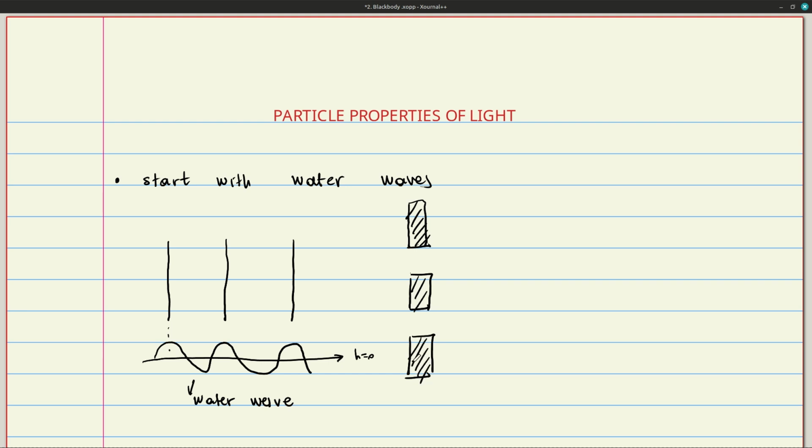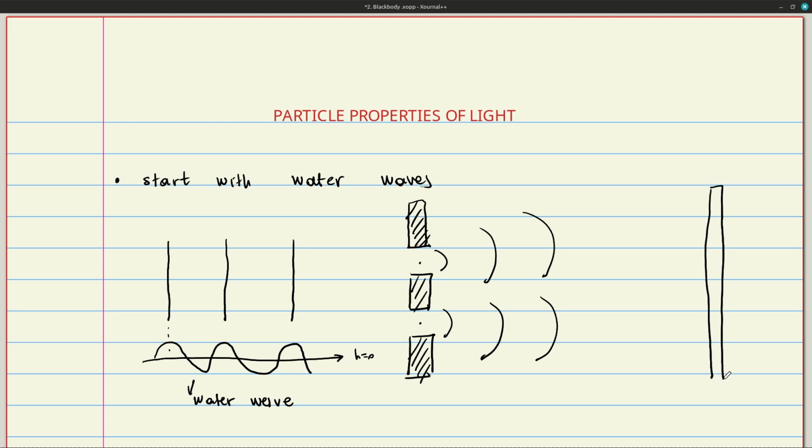What will happen is the water will come here, and according to the so-called Huygens principle, each slit is going to act like a point source, and they are going to radiate waves like this, and there will be another wavefront like that. And you can think about a screen. Suppose I have a screen here.